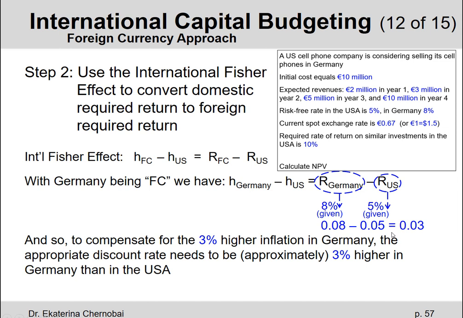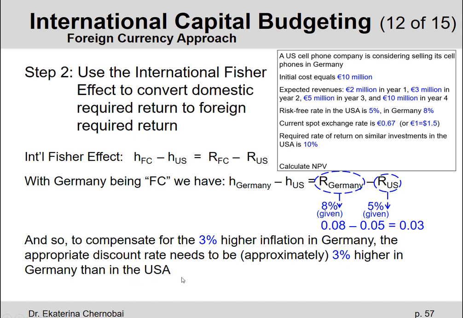And so what we can now say is that because we will have a 3% higher inflation in Germany, right? The increase in the cost of living in Germany. The proper discount rate in Germany needs to be about 3% higher than in the United States.